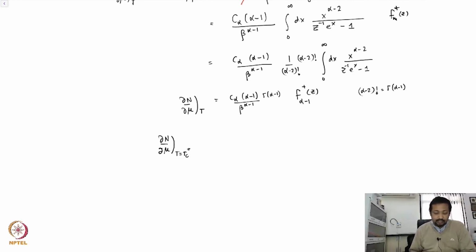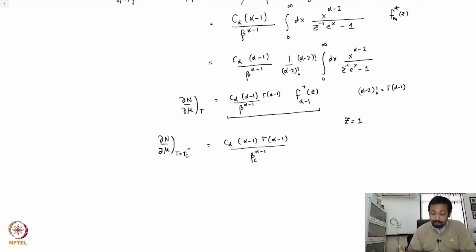For that, I look at this expression on top and I immediately say that I'm going to put z equal to 1 over here, so that this becomes C alpha alpha minus 1 gamma of alpha minus 1 raised to the power beta c alpha minus 1.